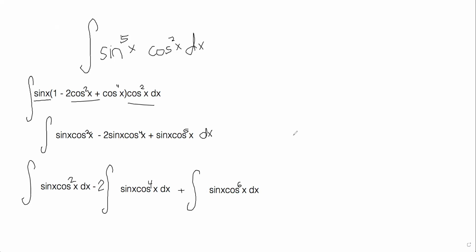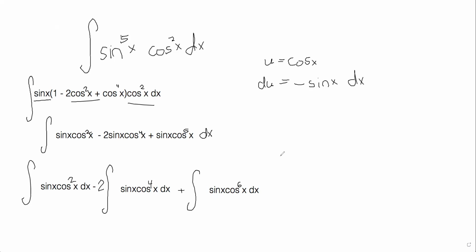I'm going to say cosine of x should be u. Yep, you're absolutely right. So then du is negative sine of x dx.